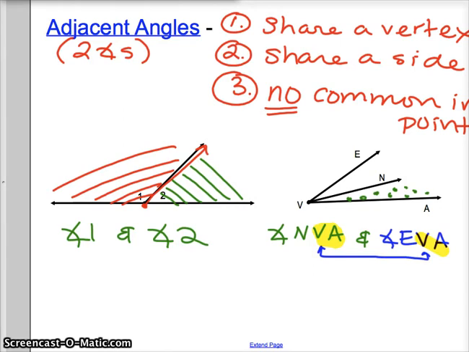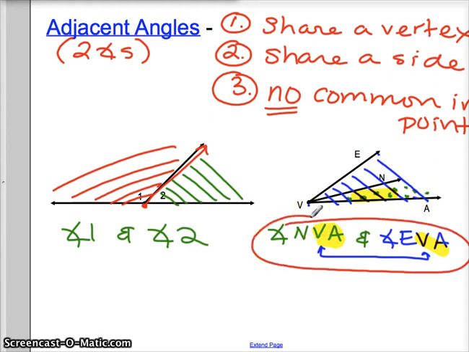And if you look at angle EVA, I'm going to indicate the interior space here. You have overlapping points. There is a space where you have both green and blue marking. So that is not okay. These 2 angles are not adjacent.